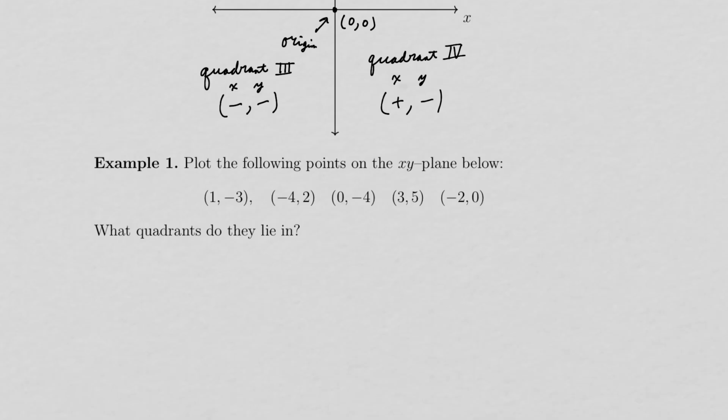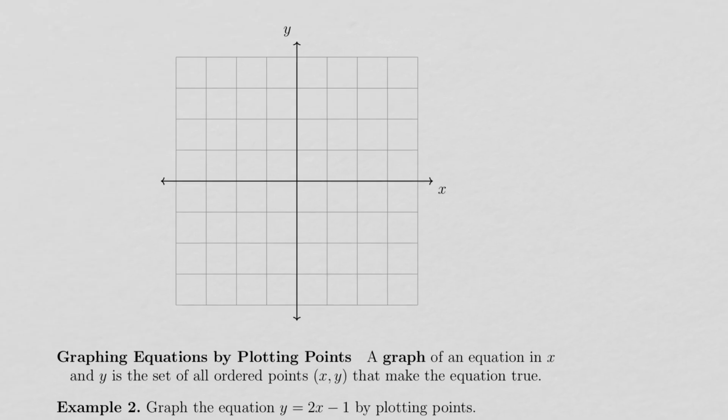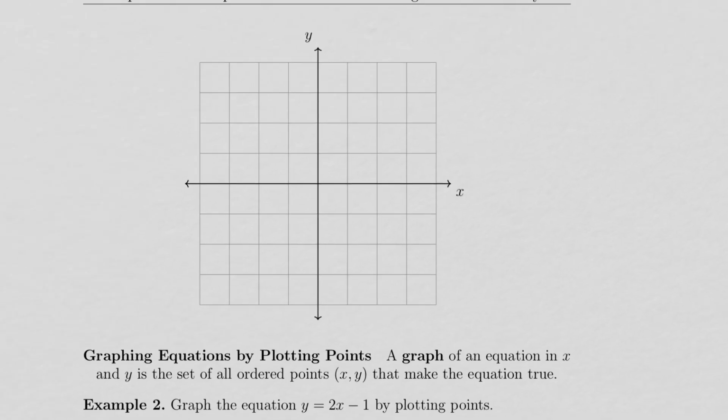Let me bring up the next page. I'll write out a little table here with my ordered pairs. I want to plot them, and then determine what quadrant they're in.